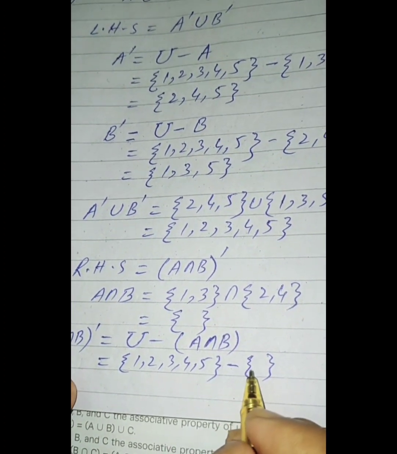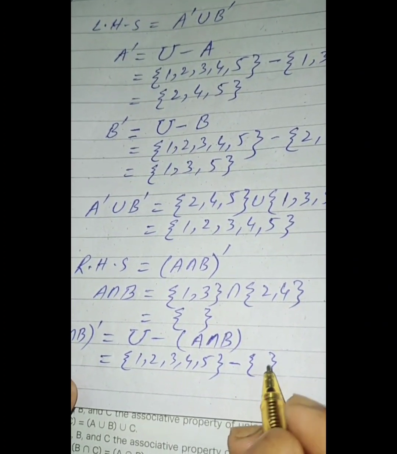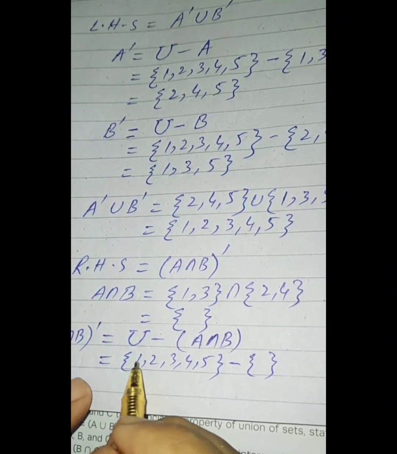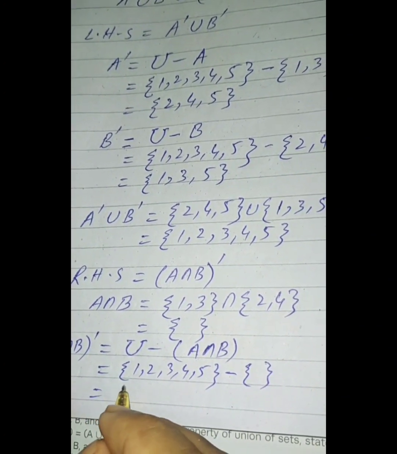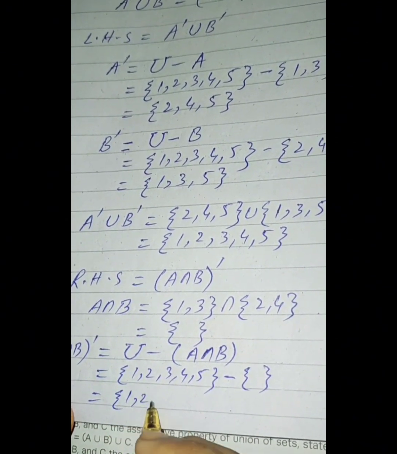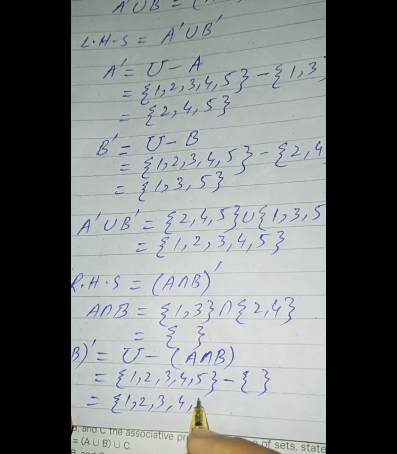So when we subtract the empty set, which does not have any member, in the result we will get the universal set whose members are 1, 2, 3, 4 and 5.